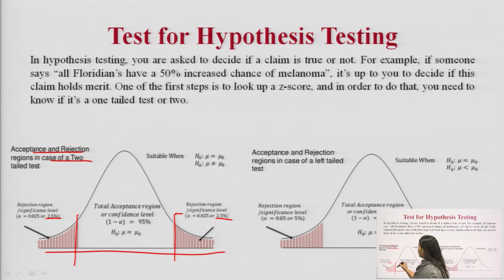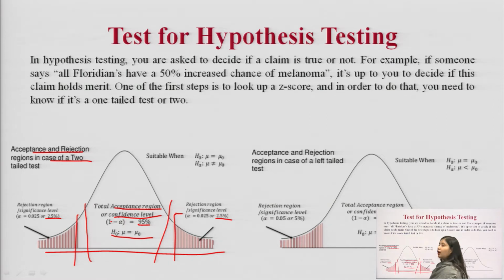If values fall near those 2.5% areas, that is your two-tail test, and the remaining region is shown as the total acceptance region at the confidence level, which is 1 minus alpha, I hope you remember, and this is your acceptance of the null hypothesis.